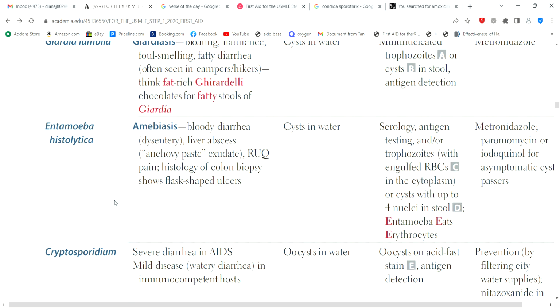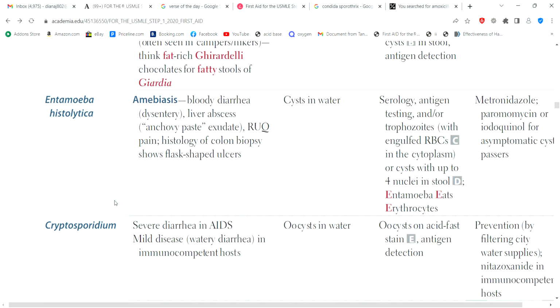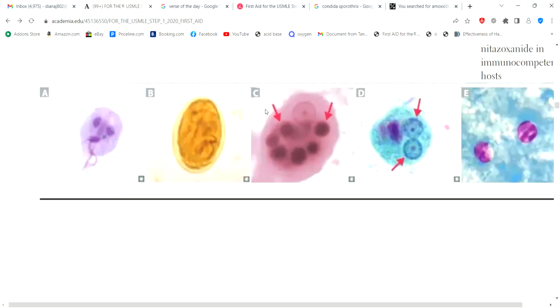Right here, figure C, this entire thing is a trophozoite of the Entamoeba histolytica. It eats the RBC, so these are ingested RBCs.